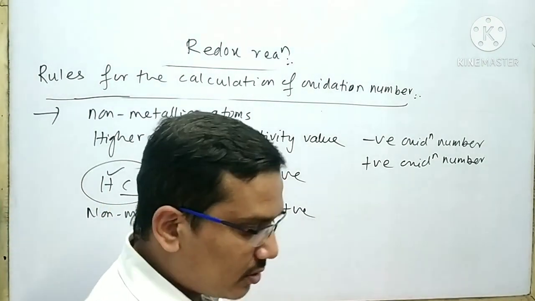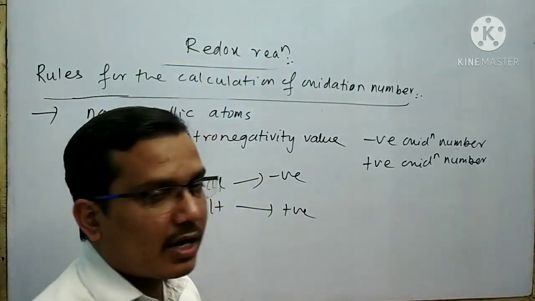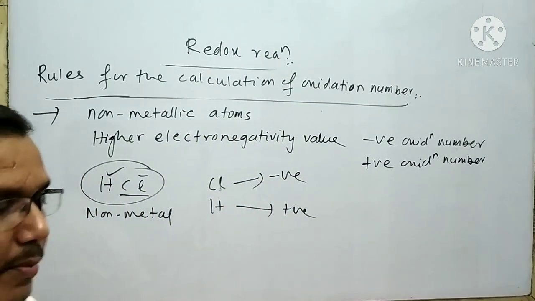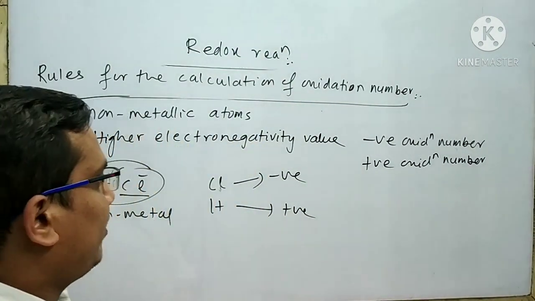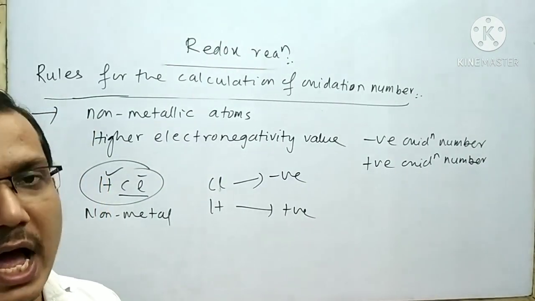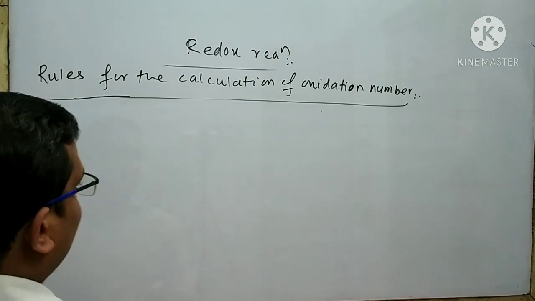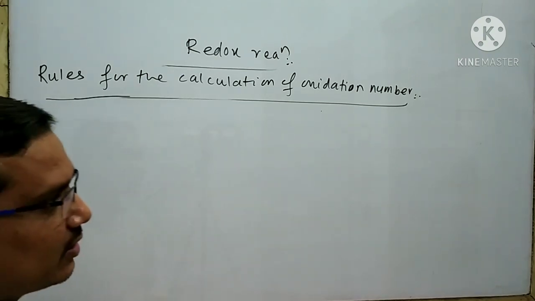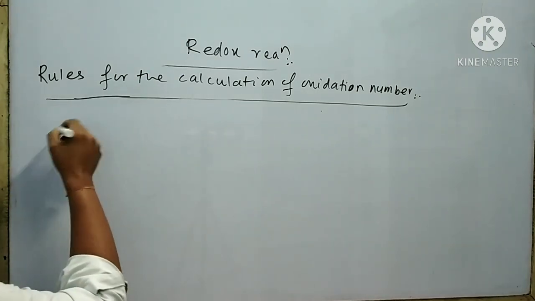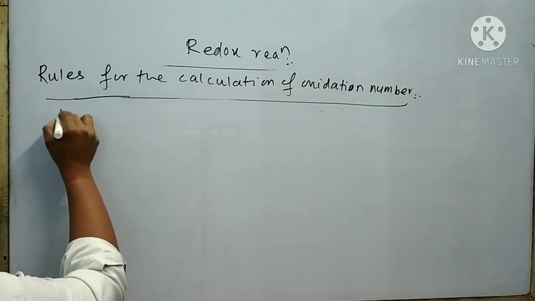These are some rules by which we are able to find out the oxidation number of an element in a molecule or ion. Let us take some examples for the calculation of oxidation number. Suppose I think about a question.